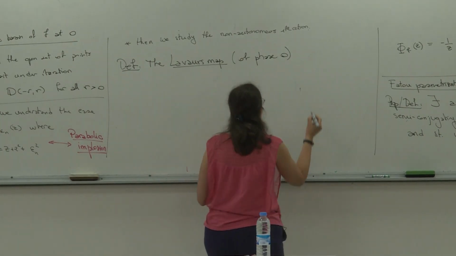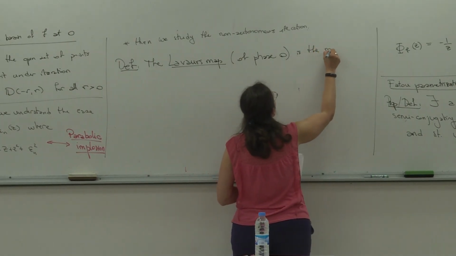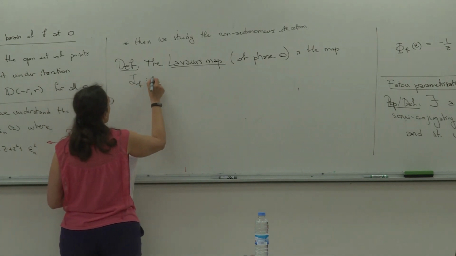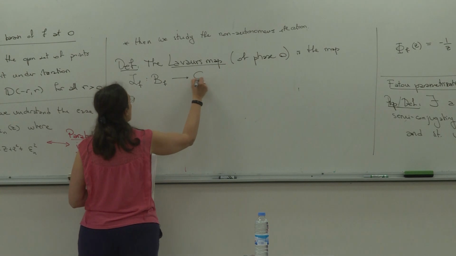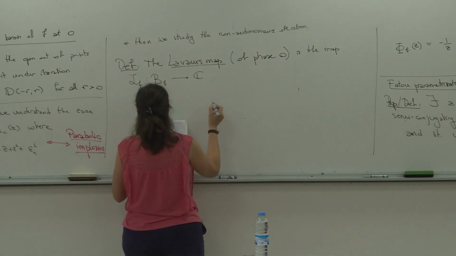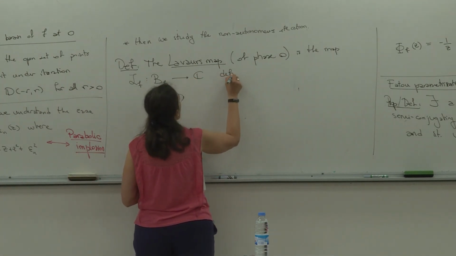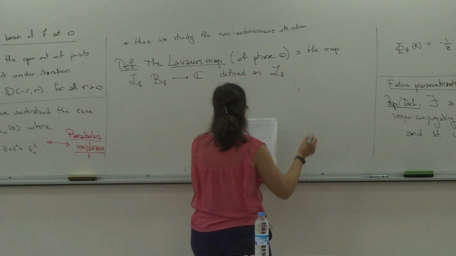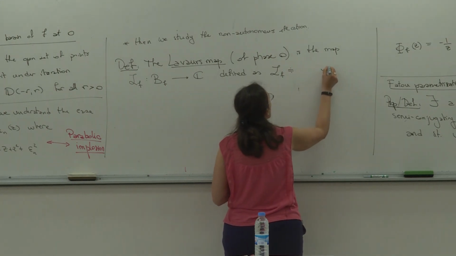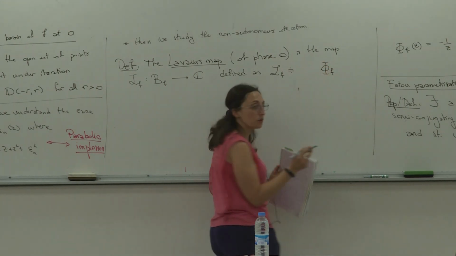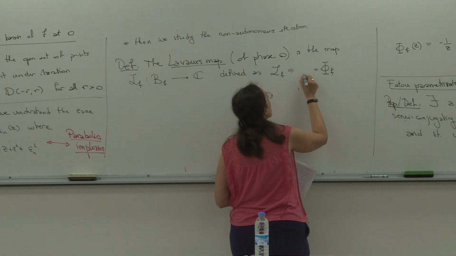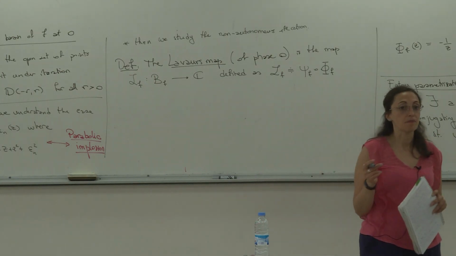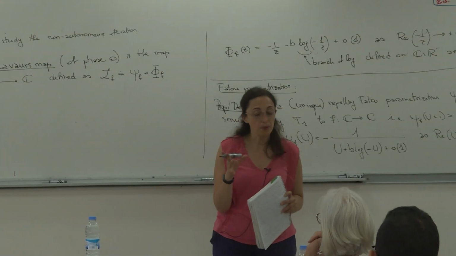Just to be precise, the map, which we call capital L of F, from the parabolic basin to C, is defined as, well, it's simply the composition of, I'm taking the attracting Fatou coordinate, and I'm pre-composing it with the repelling Fatou parametrization. Okay? So that's a map.